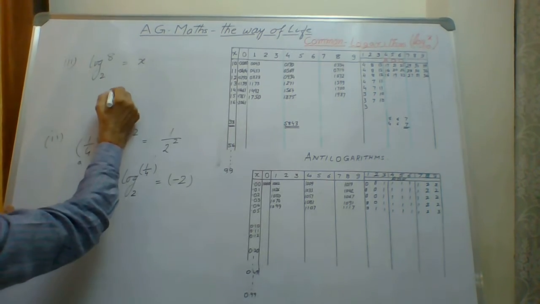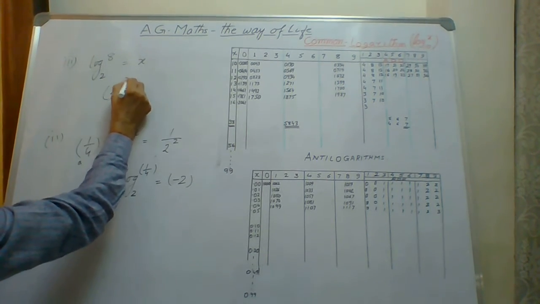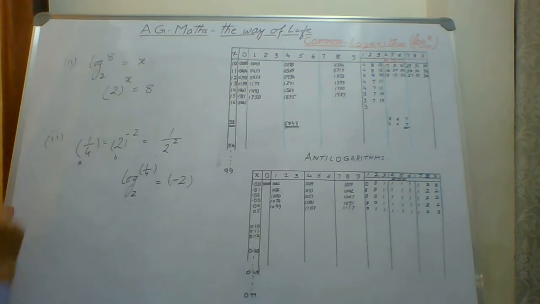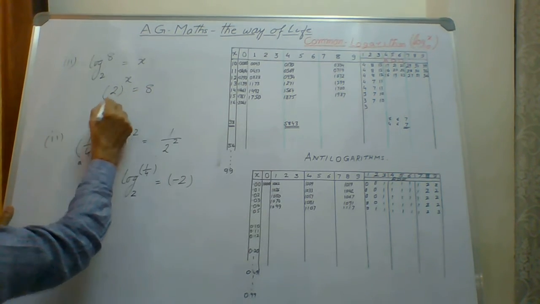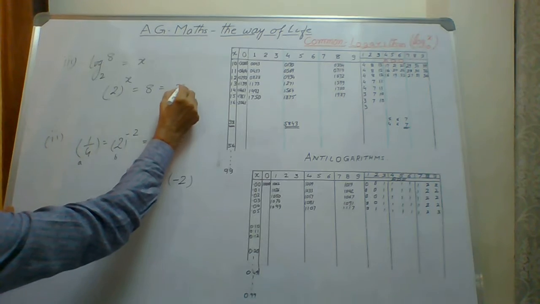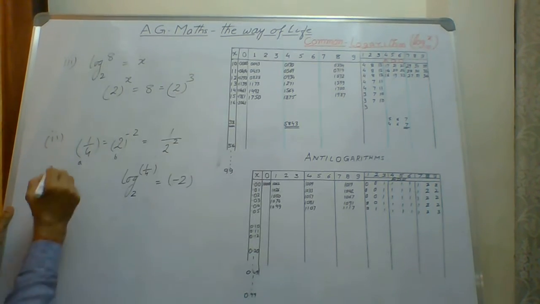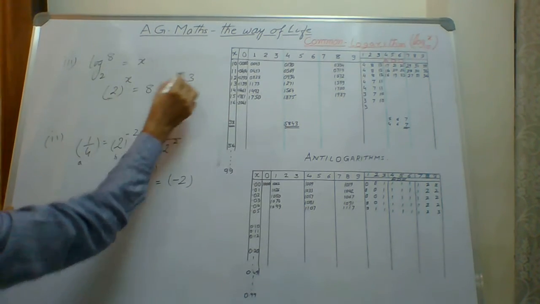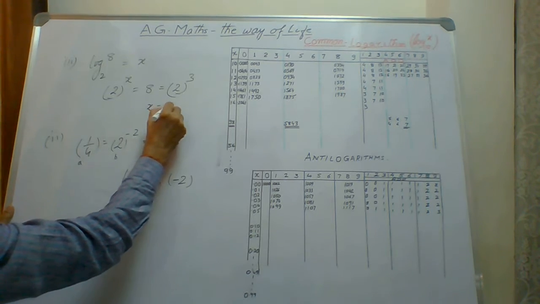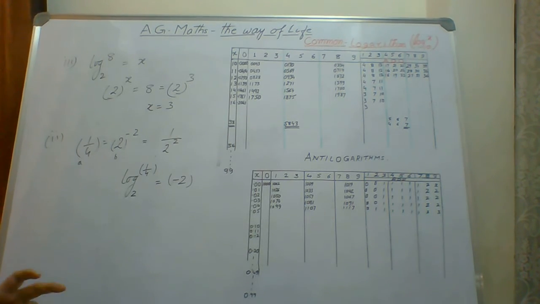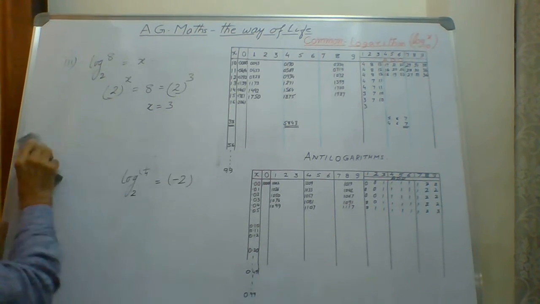Then we understand that 2 raised to the power x must be equal to 8. Now I write this 8 in terms of this base. How can I write? I can raise this power to 3, and when the bases are equal, the powers are equal, so we say x is equal to 3. This is how we get the value for any log problem.